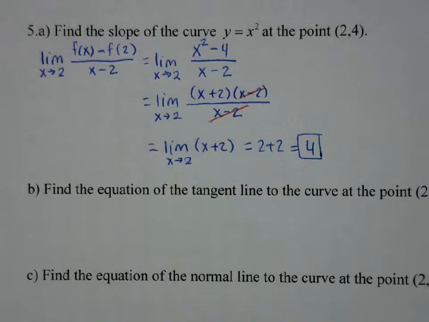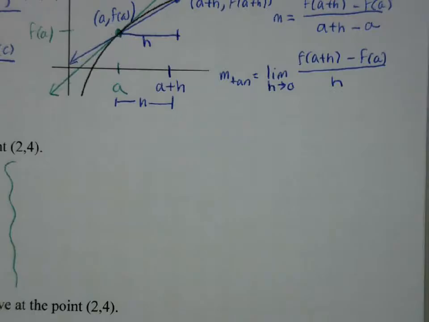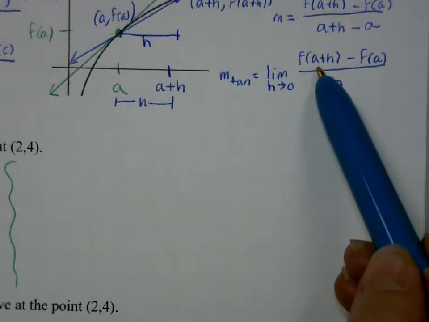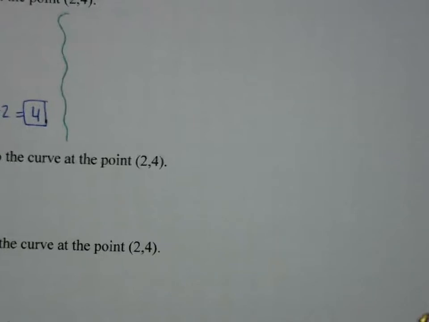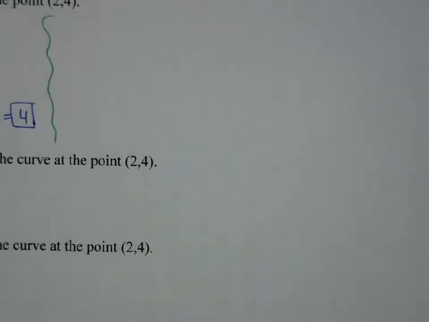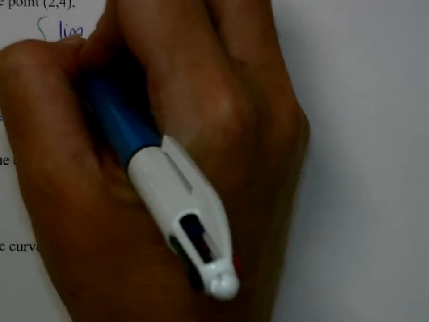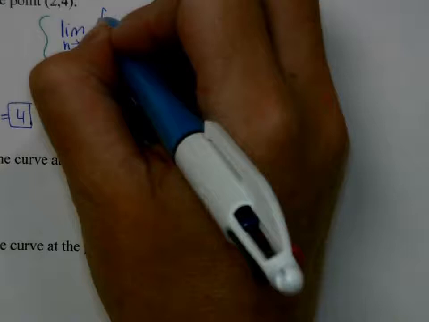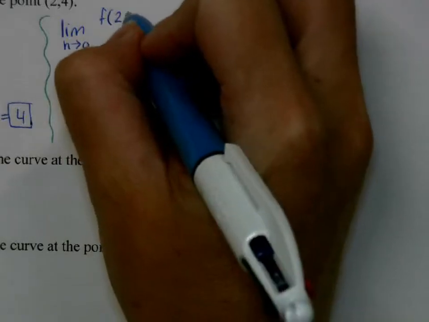Okay, so I'm going to use this. A, in this case, is my 2. So we're going to have the limit as h goes to 0. In that formula, that's always what we're looking at. So f of a plus h is f of 2 plus h minus f of 2 over h.